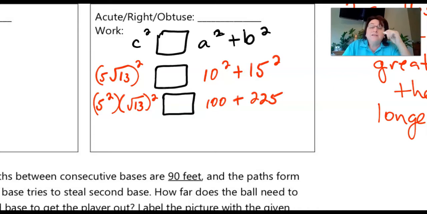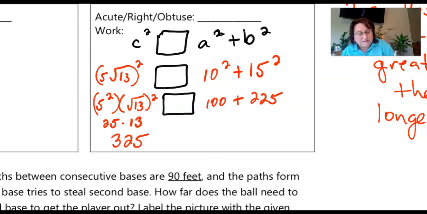All right, guys, using what you learned when we were doing exponents and radicals, can you tell me what is going to go over here on the left-hand side? What do you get when you take 5 squared times the square root of 13 squared? Hopefully you said, hey, Miss Smith, this is 25 times 13, which is 325.